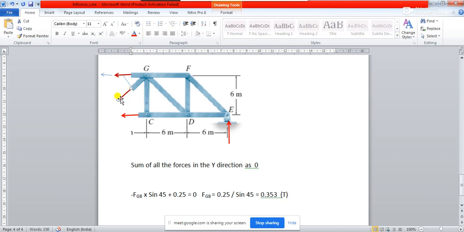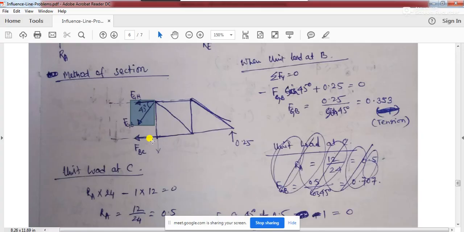Suppose you had taken this load in the reverse direction, then you would have got the value of FGB as negative. If it comes negative, then you will have to reverse the direction of the force and write it again as tension.